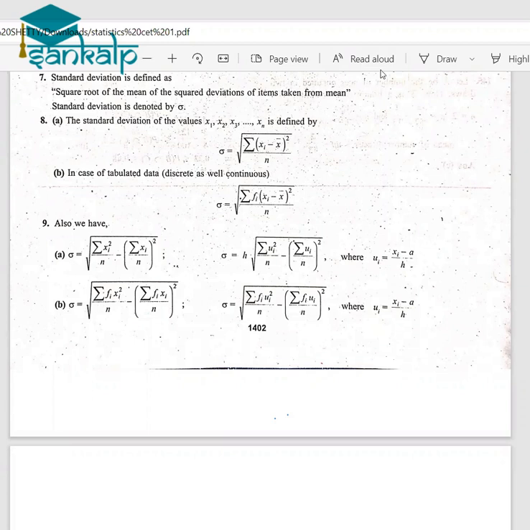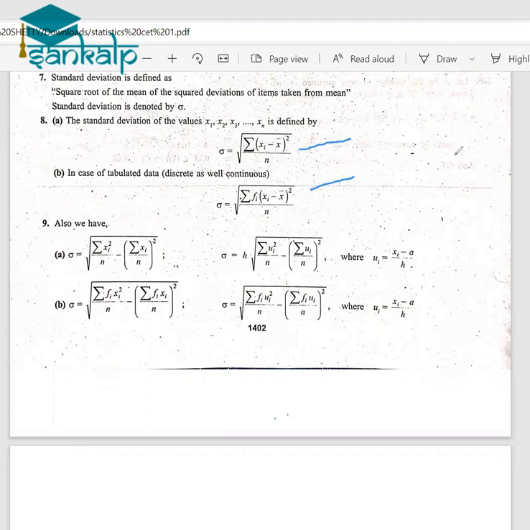With respect to ungrouped data, the formula is sigma is equal to square root of summation of xi minus x bar whole square upon n. And in case of grouped data, that is when frequencies are considered, the formula will be square root of sigma fi into xi minus x bar whole square divided by n. So these are the two results to calculate the standard deviation.